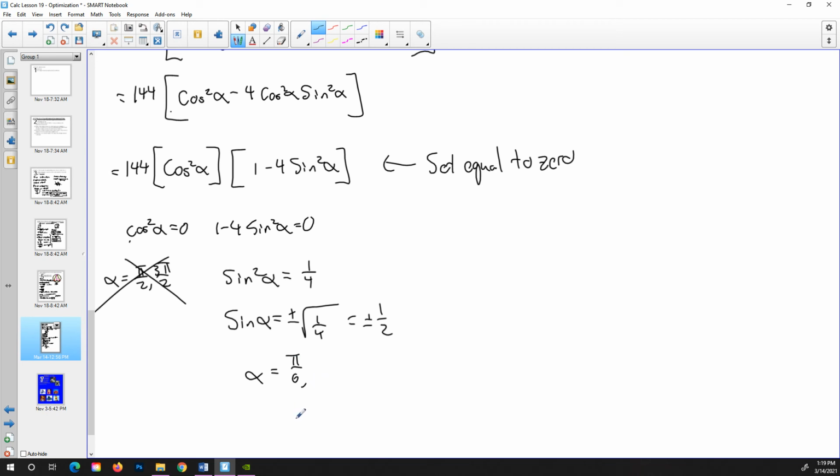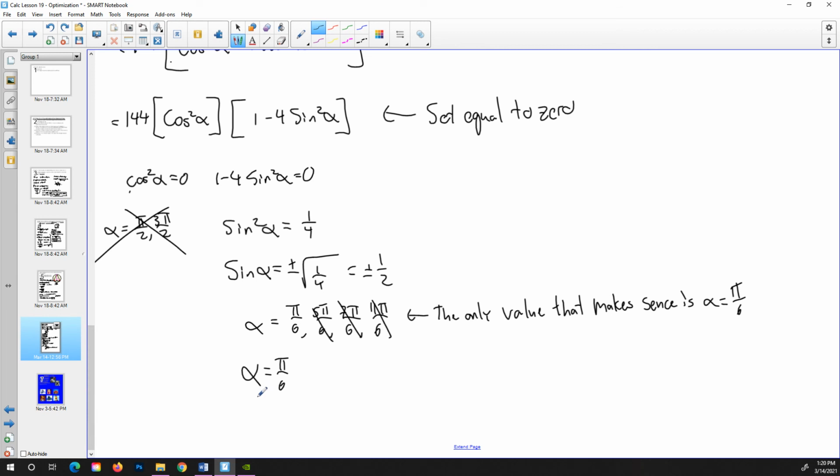It's also equal to 1/2 at 5 pi over 6, 7 pi over 6, and 11 pi over 6. And again, anything bigger than pi over 2 is going to give me a right angle. So the only value that is going to make sense as an optimization is going to be alpha equal to pi over 6. That has to optimize this particular problem.